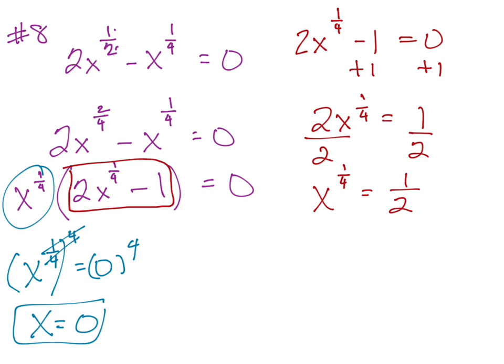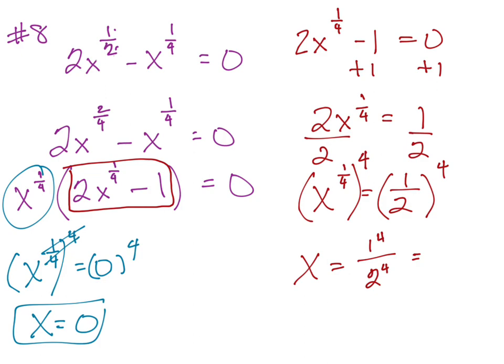And then raise both sides to the reciprocal power, which is 4. So x is going to equal 1 to the 4th over 2 to the 4th, also known as 1/16. So your final two solutions are x equals 0 and x equals 1/16.